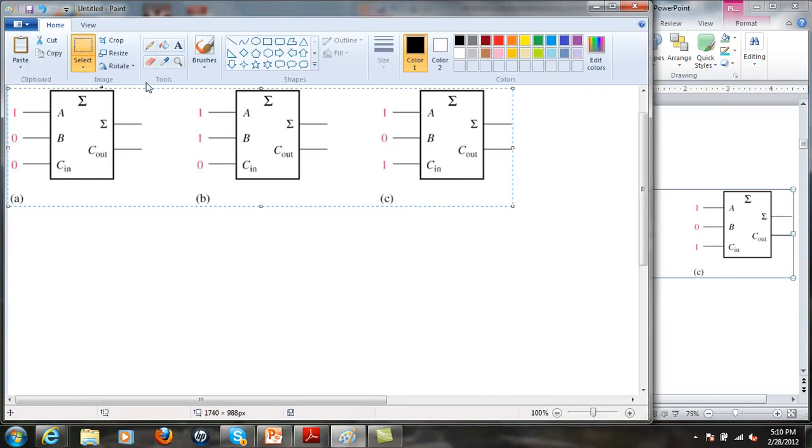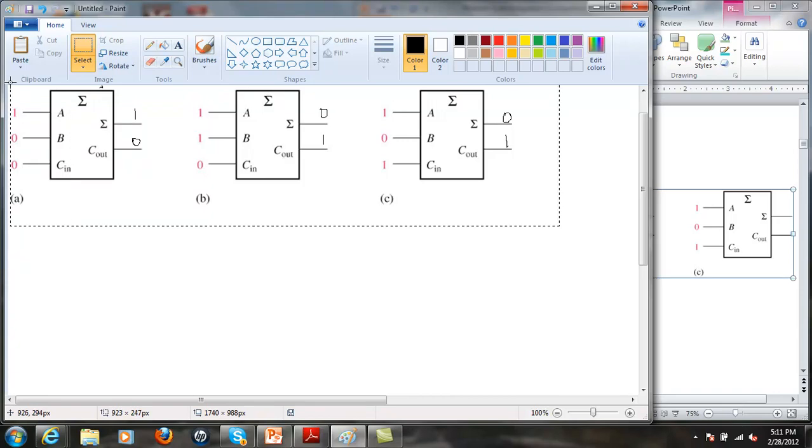If I have a 1 there, my sum would be a 1 and my carry out would be a 0. If I have two 1s here, this would be a sum of 0 and a carry out of 1. This would be identical. So you'll see these full adders again.